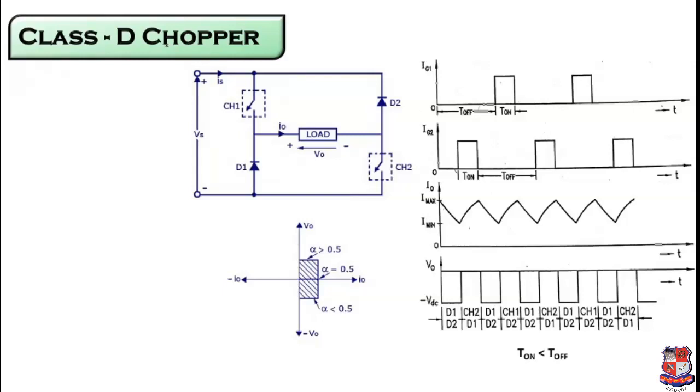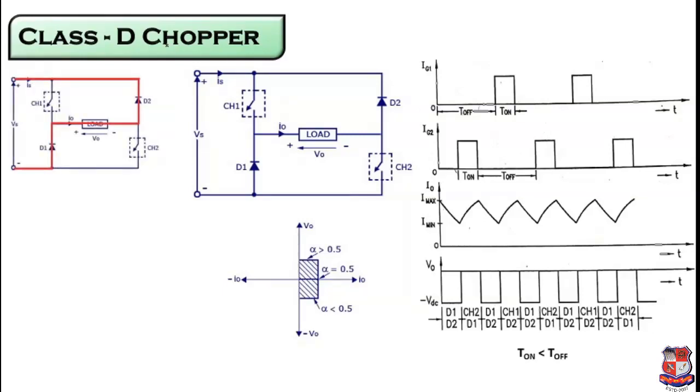First D1 and D2 turn on. So alternate switches turn on, or you can say that either of the switches in one leg will turn on.